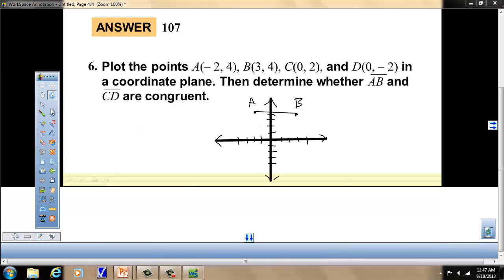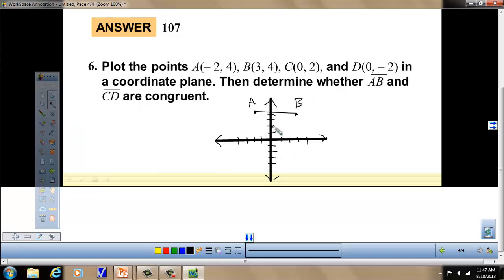Pretty close. It's a sketch. And then we've got 0, 2. So there's C. And 0, -2. I'm going to go ahead and do that in a different color just so that you can see it. So it's going to be from here to there. And that's my D. So for AB, we would again take these two values.